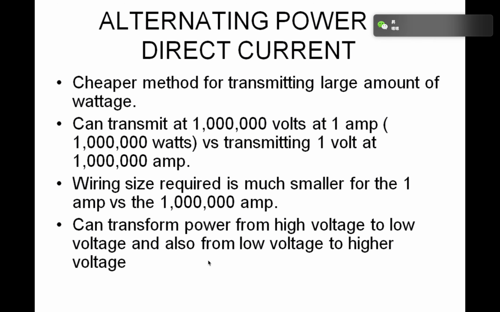So alternating current was eventually selected, and that was what we saw, that Edison was a fan of direct current, and then Tesla and Westinghouse developed alternating current.